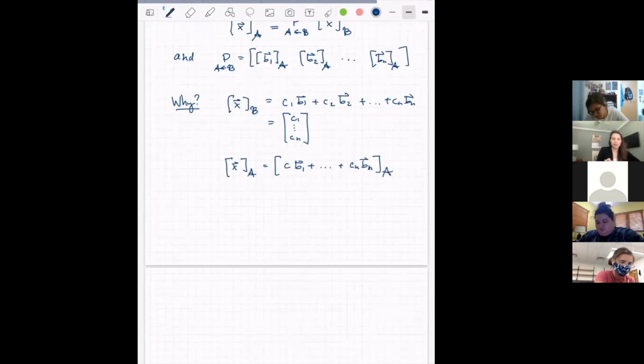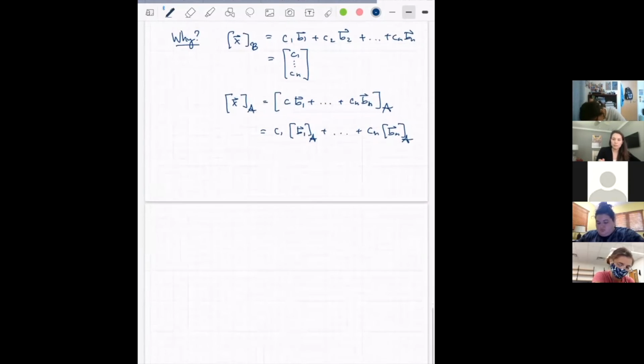So we want this in terms of A, right? But we can split this because it's a linear combination. We can just rewrite this as C1 times B1 in terms of A, plus all the way up to Cn times Bn in terms of A, right? And then we can interpret this as a matrix multiplication, right? So this is the columns of a matrix. So we can write it like this.